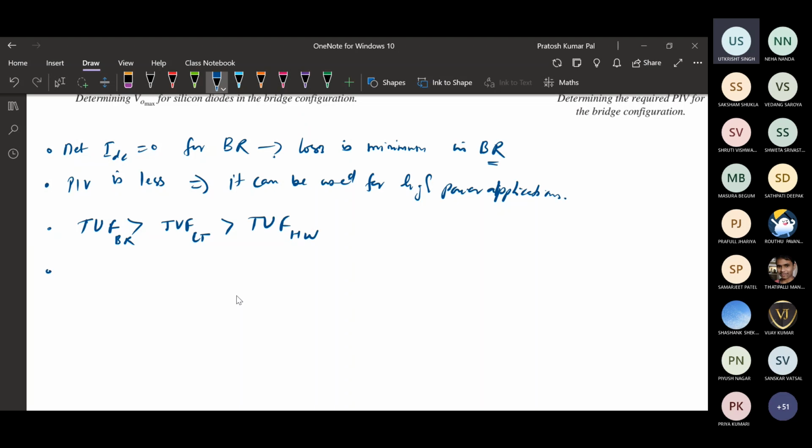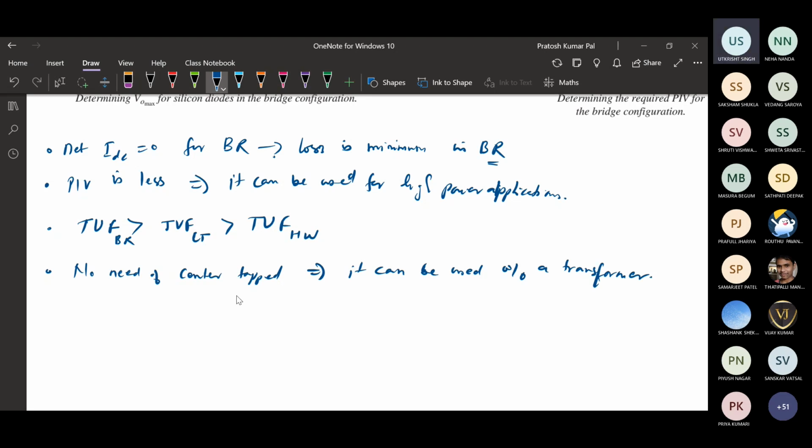Also, this bridge rectifier can be used without a transformer. That means there is no need of a center tap, so for a bridge rectifier there is no need of a transformer.